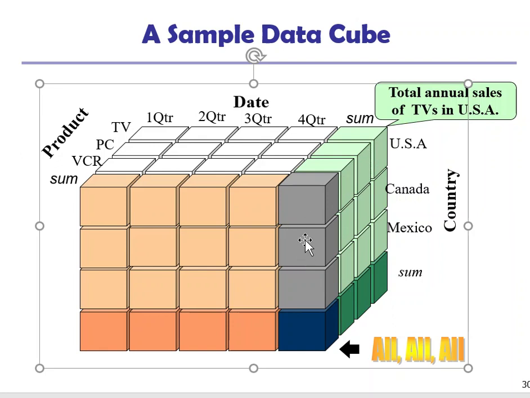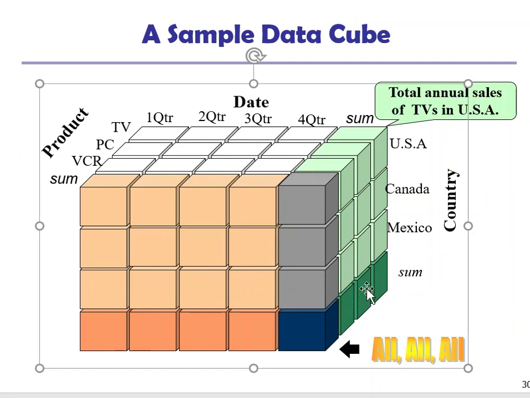This gray block is total sales in Canada. This block is total sales in Mexico, regardless of the date or product, right? And what is this? This is the date dimension. Total sales in the first quarter, regardless of the product or country. Total sales in the second quarter, regardless of the product or country, right?